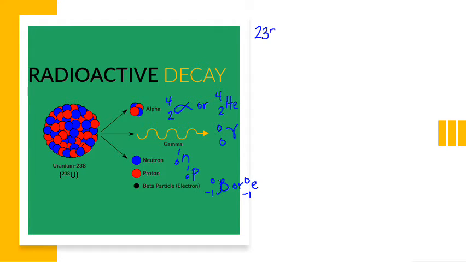Here's an example. We have uranium, radioactive uranium. We know that it's radioactive, so it means that the nucleus is going to undergo transmutation of some sort.